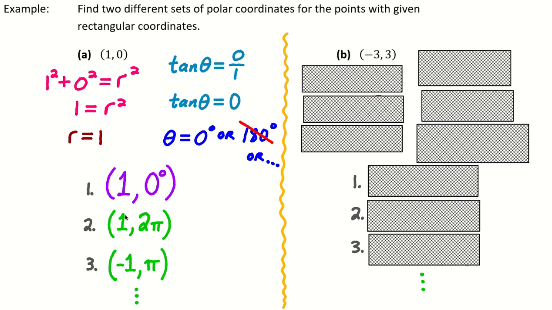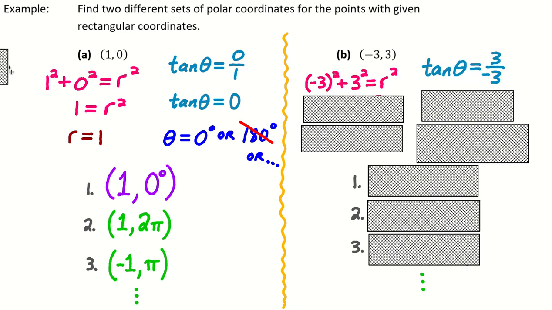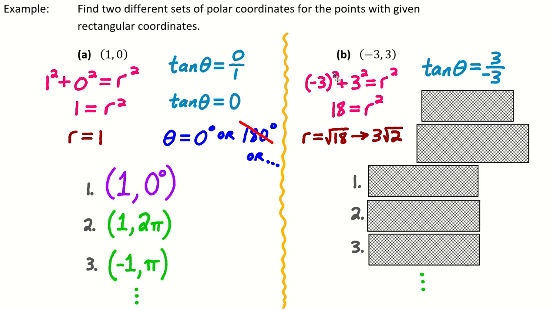There are all different kinds of ways to name the same point. And again, I don't think there's going to be much difference. Just remember how to square a negative number. Don't make a rookie mistake.